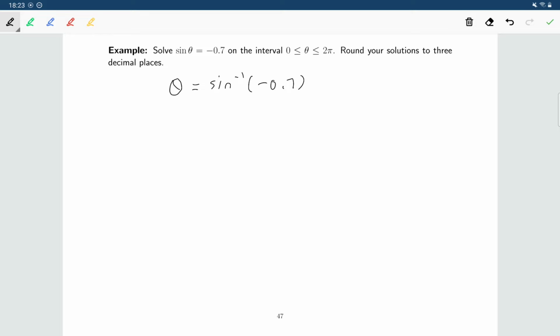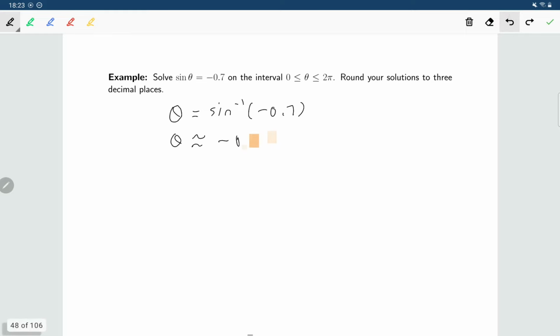And so if I enter sine inverse of negative 0.7, and I've got my calculator in radians mode, I find a value for theta that is approximately negative 0.775. And of course we need to remember that that is in terms of radians.